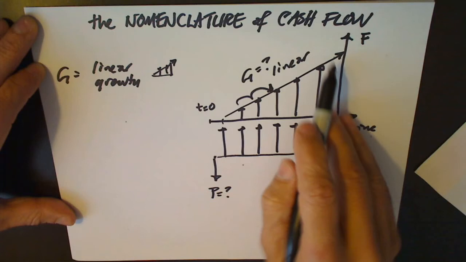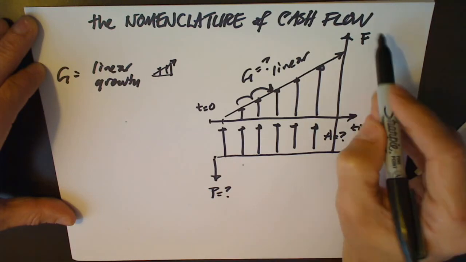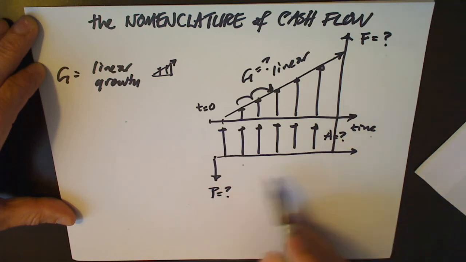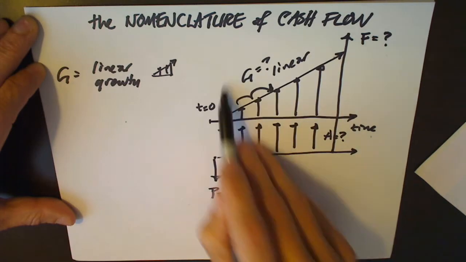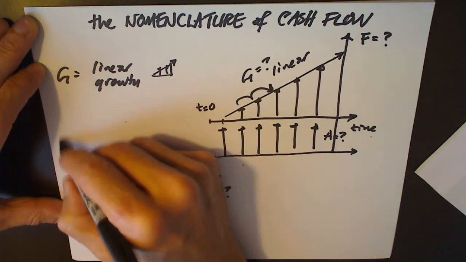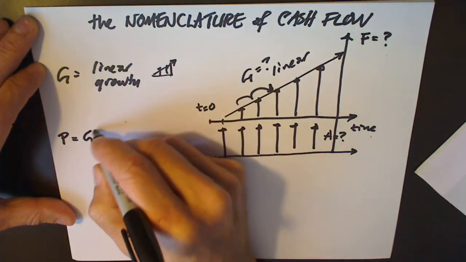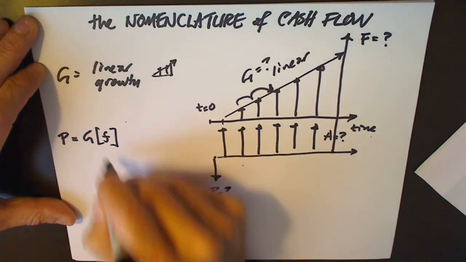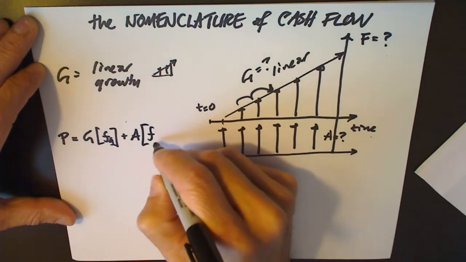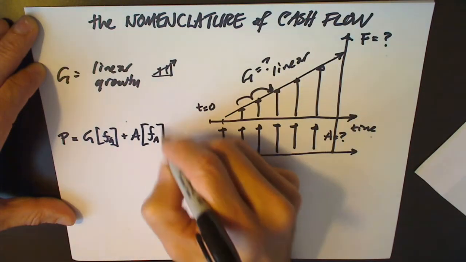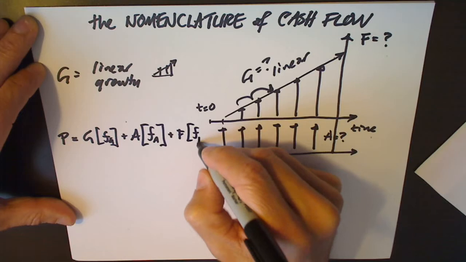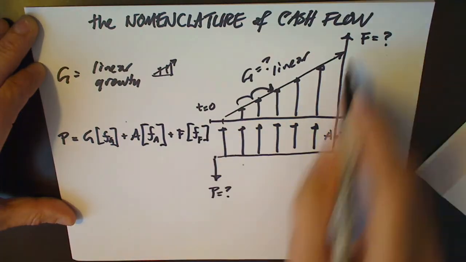And the way that we would treat this cash flow diagram is have a separate formula for F to present value, a separate formula for A to present value, which we looked at in the previous videos, and now another separate formula for G to present value, so that P equals G times that factor plus A times the present worth factor for an annuity or a uniform series plus F times the present worth factor for a future payment.